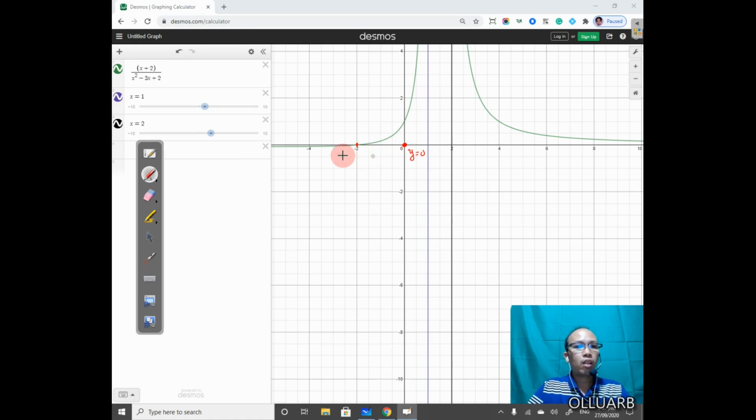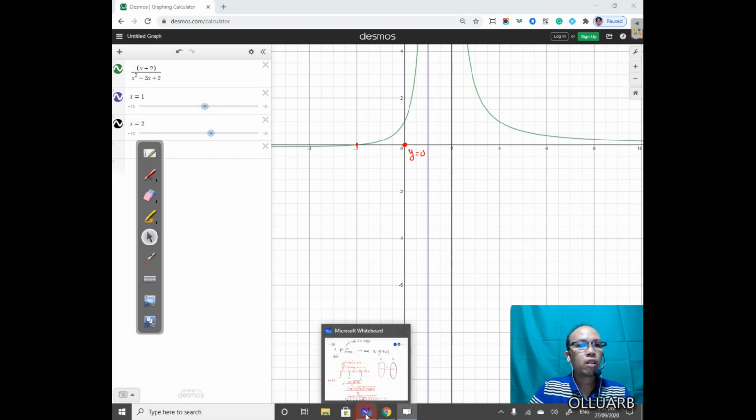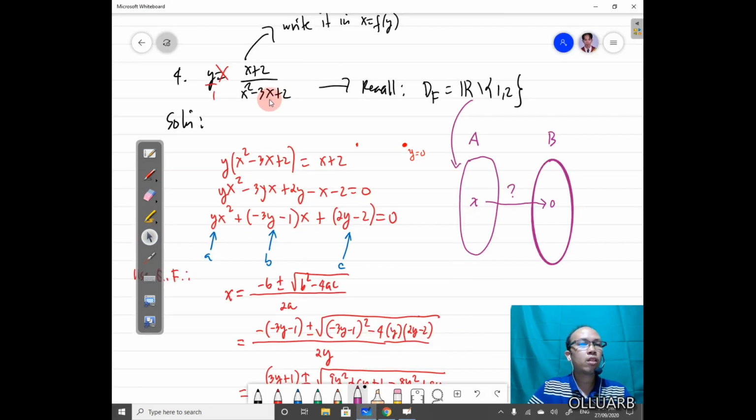If you substitute x is equal to -2, we have -2 plus 2 is 0, and in the denominator, -2 squared minus 2 is a number. 0 divided by a number is 0.